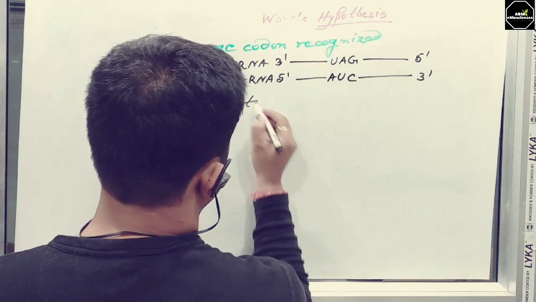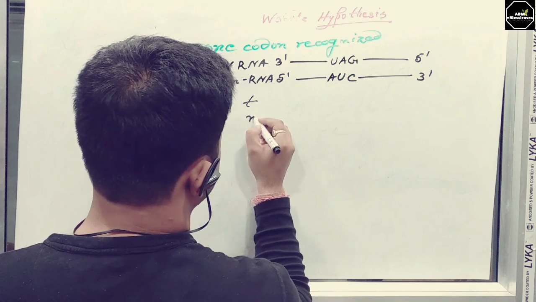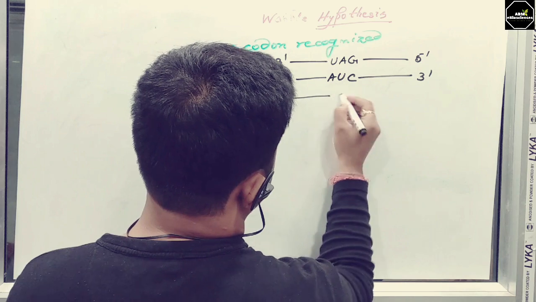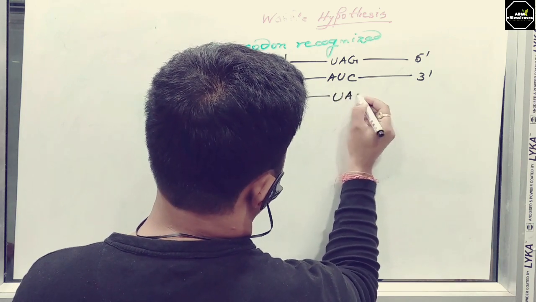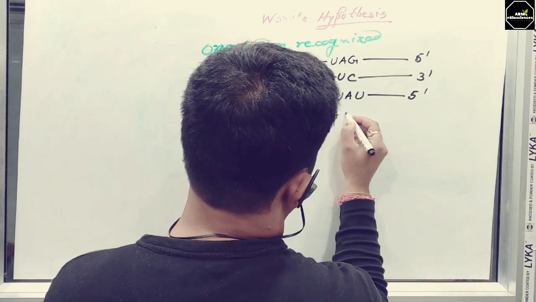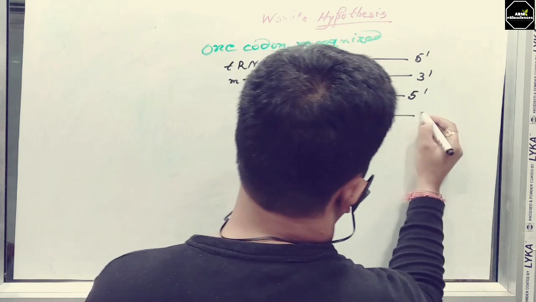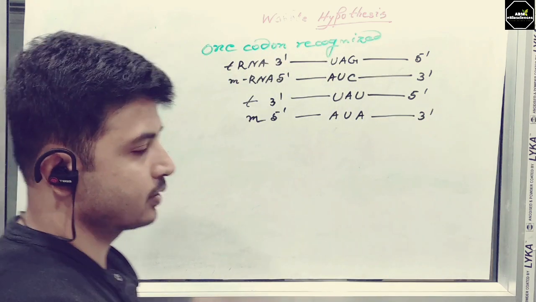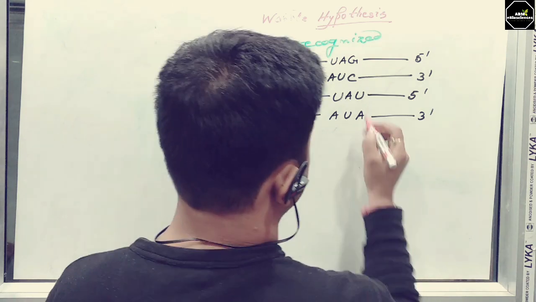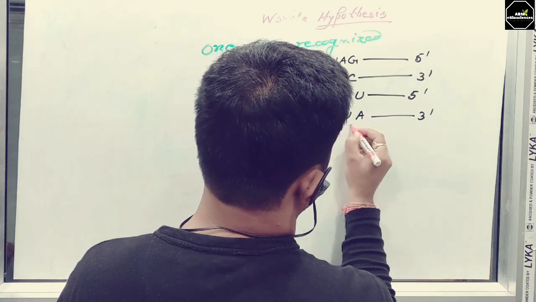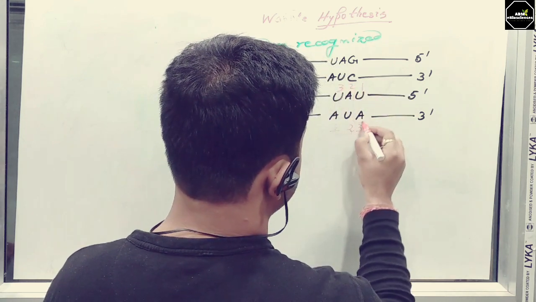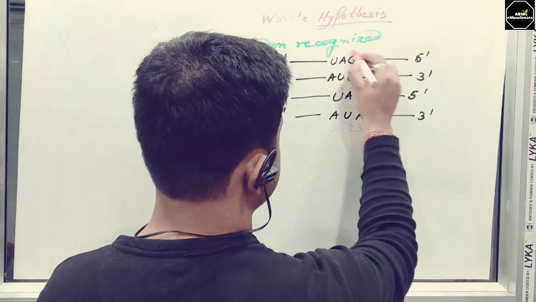Next, I'm writing only U and A to save time: 3 prime, 5 prime, U, A, U, and A, U, A. So this is one codon recognized. You see positions 1, 2, 3 here and 1, 2, 3 here, and this remains the same as Watson-Crick base pairing.